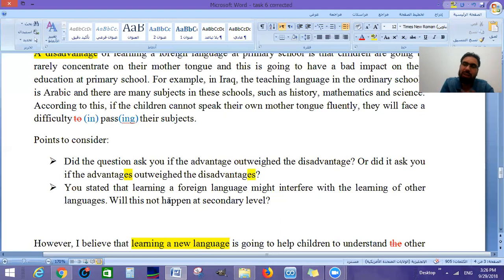Here I think you're just talking in general about learning another language, and maybe it will have an effect on the other language, and in turn affect other subjects. I think this is a very general thing, because we know that at secondary school we also study other subjects. So this disadvantage is not specific.